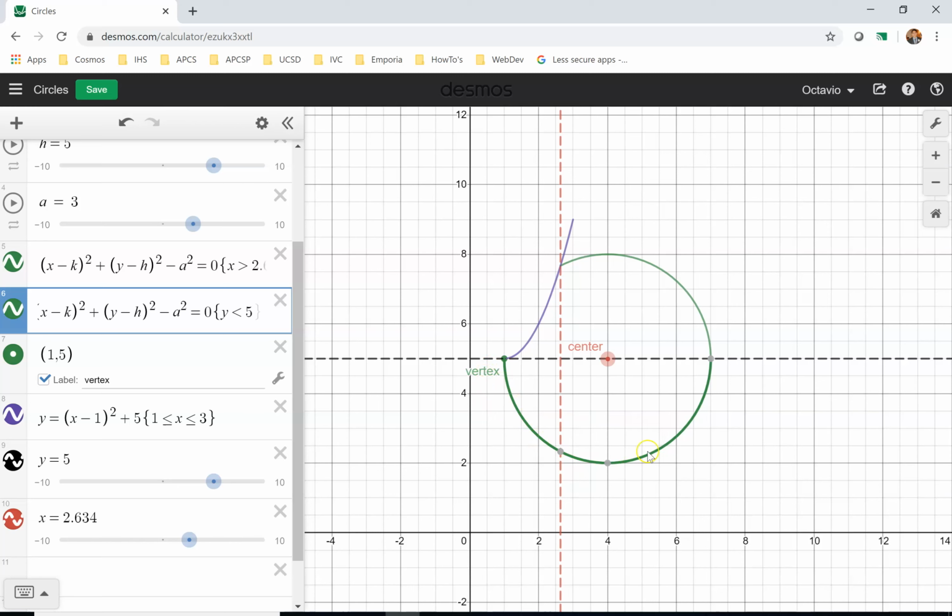For all purposes, you could say that this is the desired effect. Now notice how you get this half. If I erase that, you see how it's the whole bottom half.